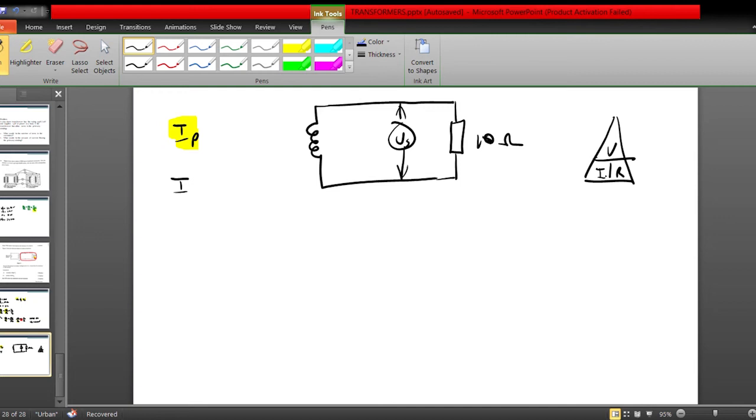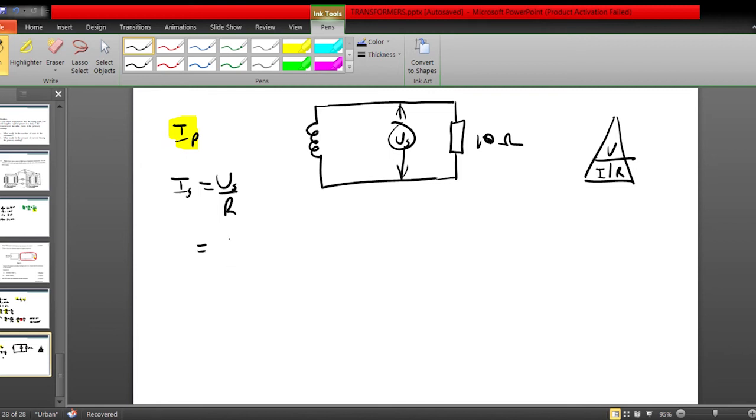Now we're trying to find the secondary current. It is equal to V over R. But it is in this circuit, the secondary half of the transformer, and so we'll call this Vs. What is Vs equal to?